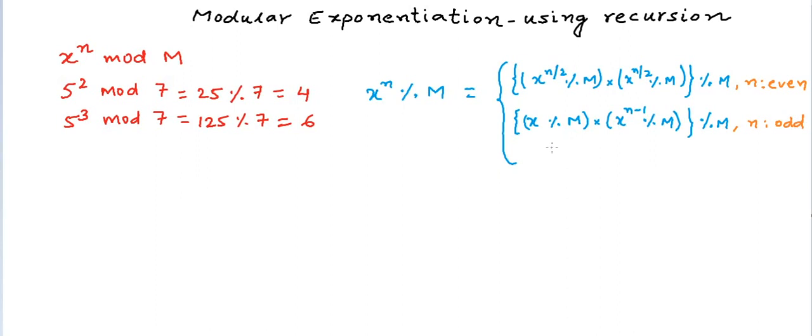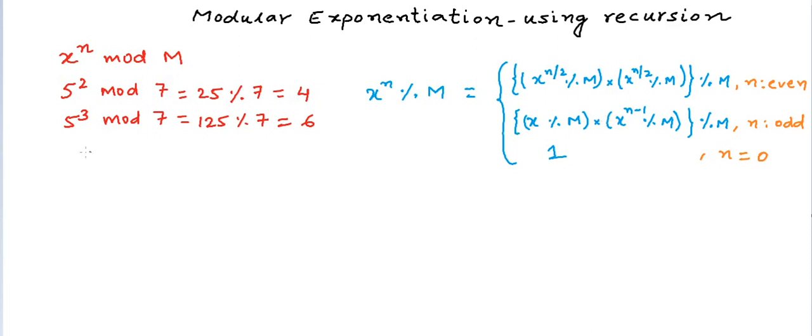And it is simply equal to 1 for n is equal to 0. Now this recurrence relation is very similar to what we had used to calculate x to the power n in the previous lesson. So n is equal to 0 is our base case, and for n even and n odd we have two different recurrence relations.